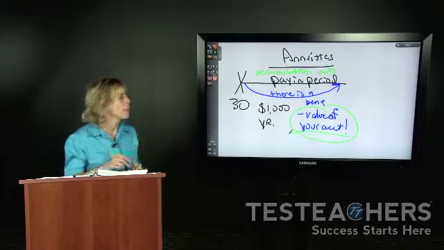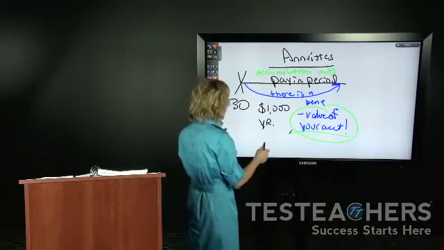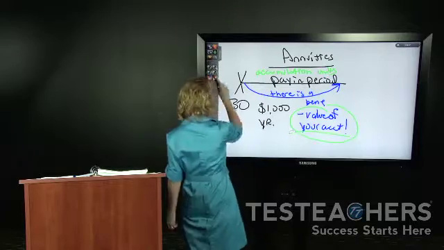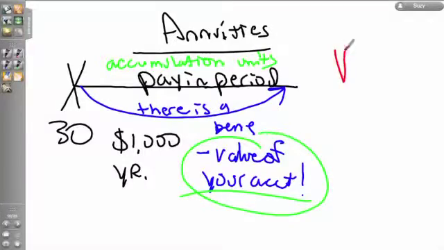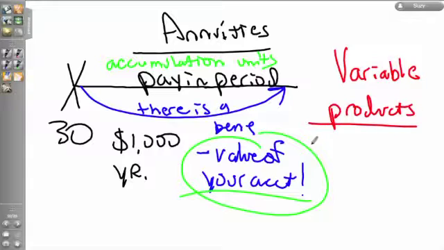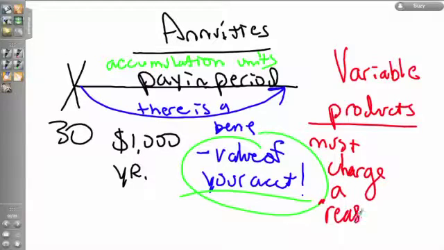It is true under federal securities laws that we have as far as what can be charged as a sales charge on variable products. So variable products, whether or not we're talking about a variable annuity or variable life insurance, variable products must charge, this is an interesting idea, a reasonable sales charge.